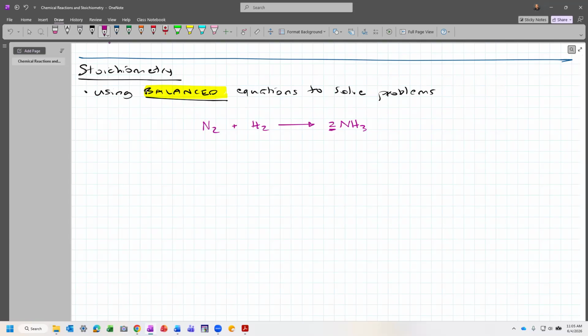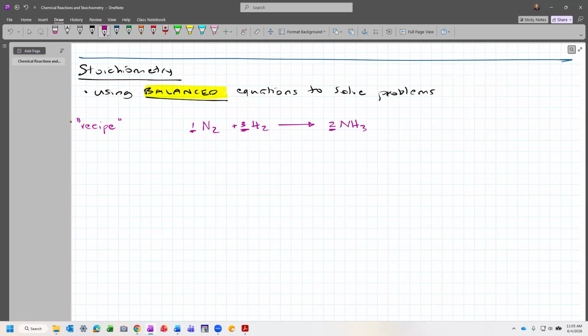So we put a 2 in front of the NH3, we need a 3 in front of the H2, and then we have a 1 here. We don't need to put the 1 in, but it's understood, in front of the N2. So when you think about your balanced equation, in addition to it being a chemical sentence, you can think of it as sort of a recipe for making, in this case, ammonia, NH3.